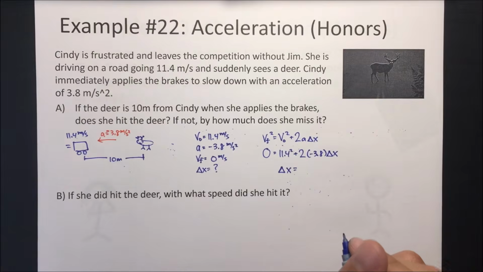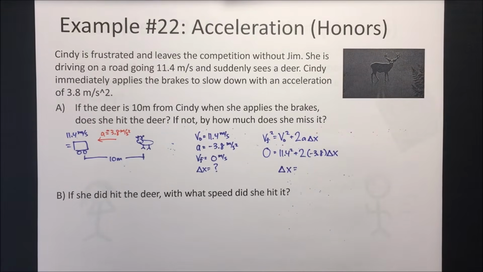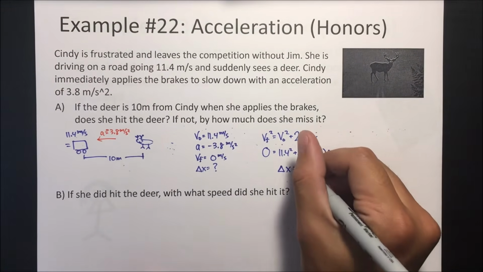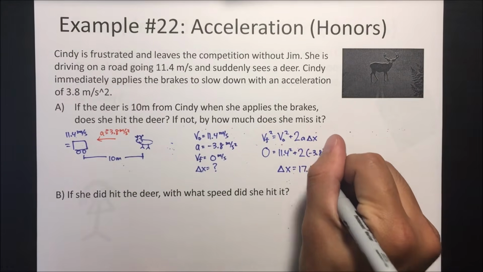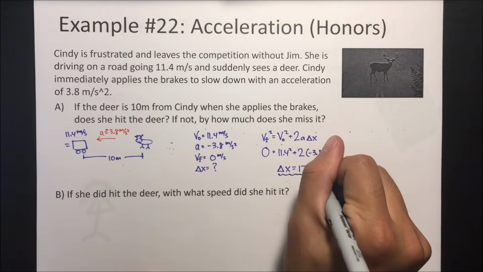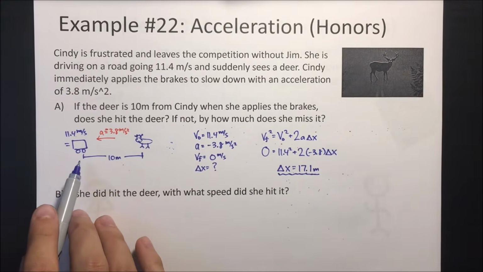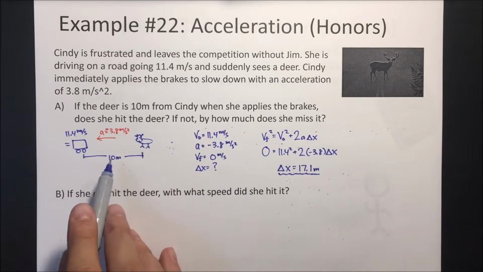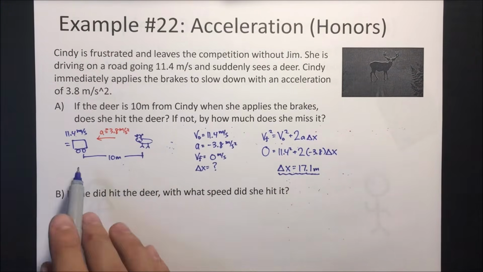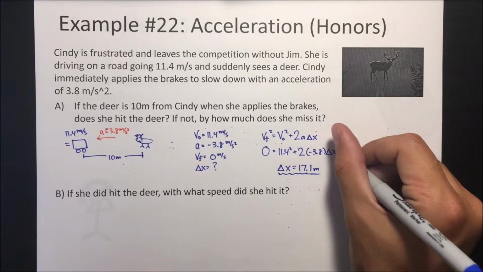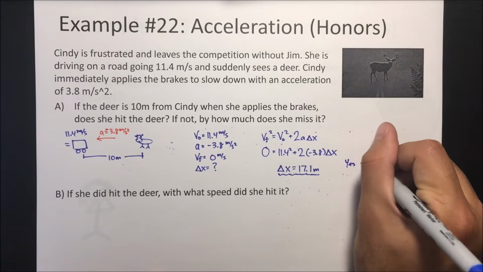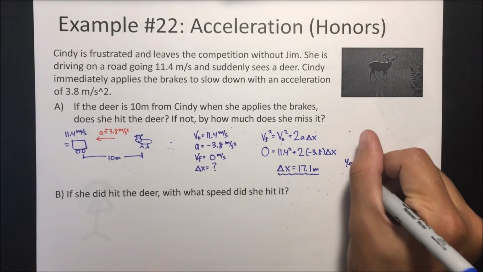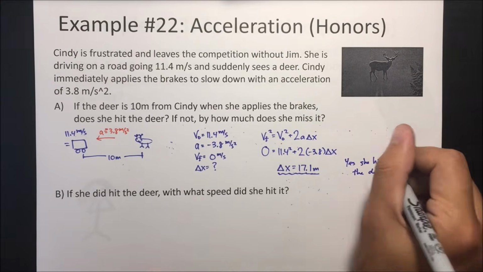And then we find that the displacement is going to be 17.1 meters. What this means is if she applied her brakes, her car would not come to a stop until 17.1 meters. So yes, she hit the deer. Oh no.